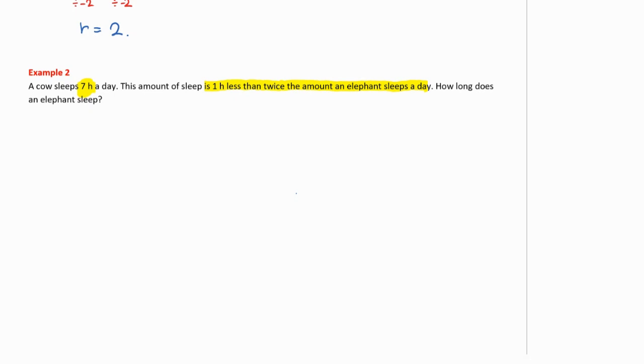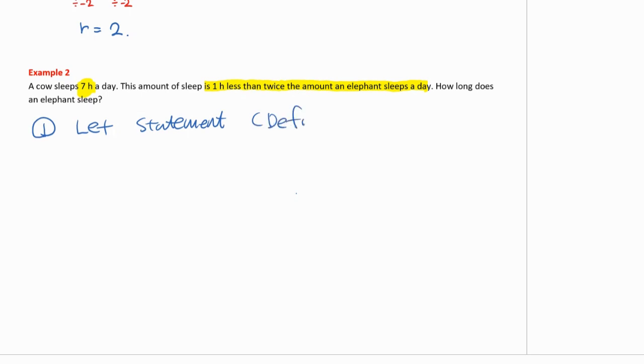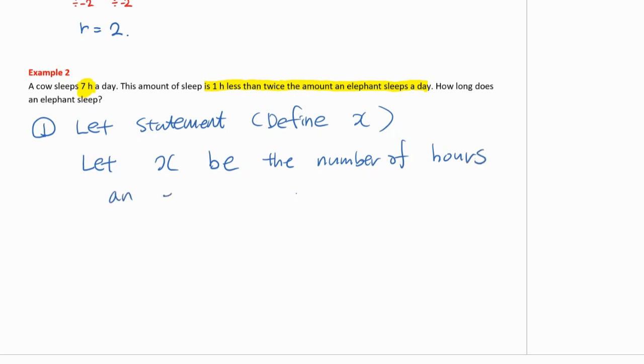So remember 3 steps. First step, you're going to write a let statement. So you're defining your x. Okay, let statement. So we're going to let x be the number of hours an elephant sleeps.